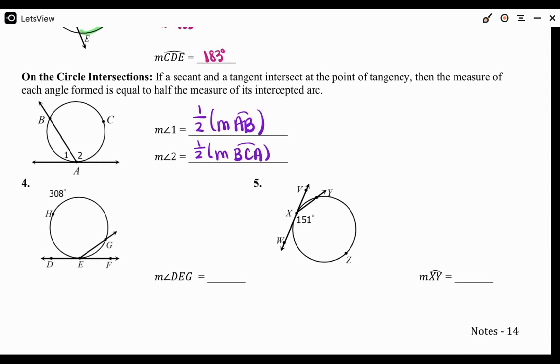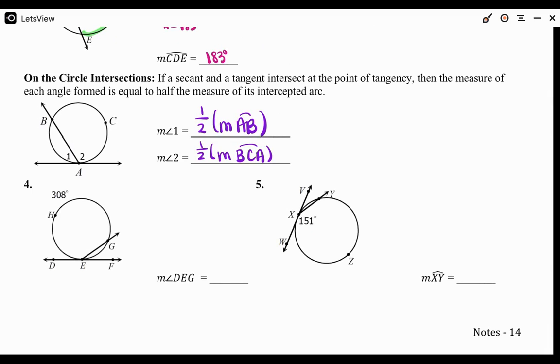On the circle intersection, if a secant and a tangent intersect at the point of tangency C, then the measure of each angle formed is equal to half the measure of the intercepted arc. So angle 1 is equal to half of arc AB, and angle 2 is equal to half of arc BCA, those measures.